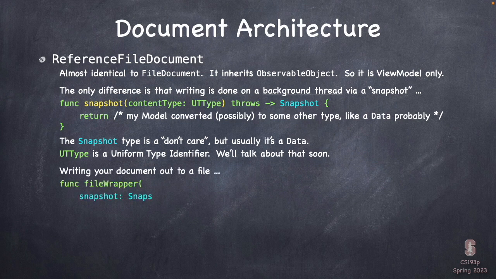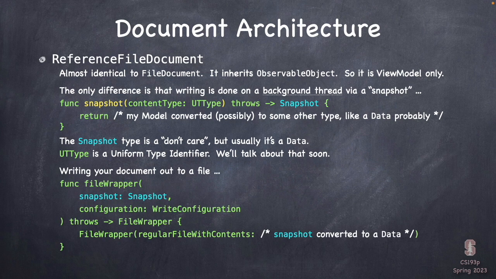And then the file wrapper one that we saw on the previous page is a little different because look, they give you the snapshot back. So they're going to call the snapshot on a different thread. When it's done, they'll come back and call this file wrapper thing, just like we saw on the previous page, but with this extra argument snapshot. And then you're just going to write it out. And that's why it's nice if snapshot is a data, because file wrapper, regular file contents, wants a data as that argument there, right?